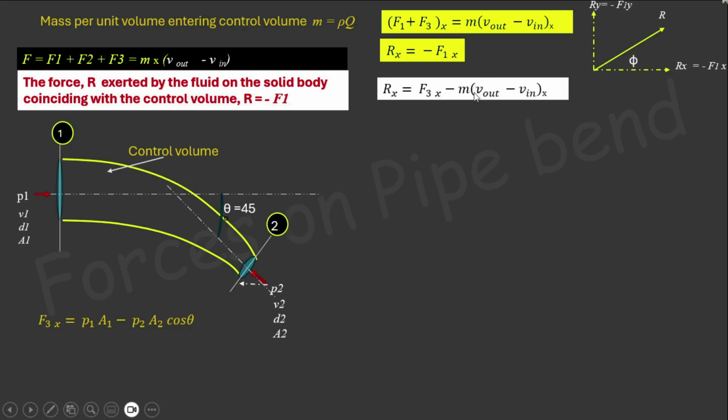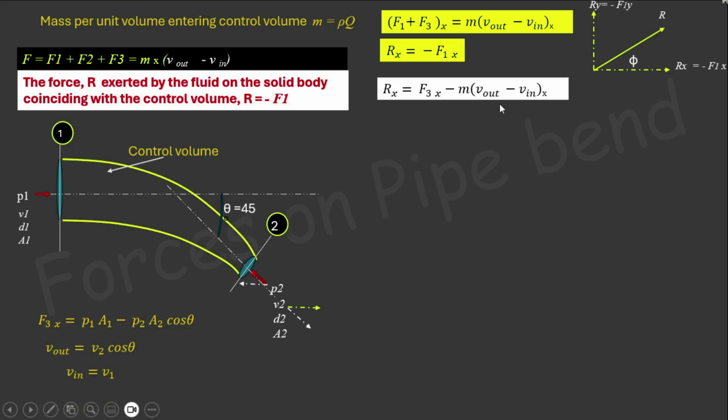V out is the velocity of the outgoing flow and V in is the velocity of the incoming flow in x direction. Incoming velocity is equal to V1, in x direction, whereas outgoing velocity is in this direction, so its horizontal component is equal to V2 cos 45, in the same direction as that of V1. So V out equal to V2 cos theta and V in equal to V1.